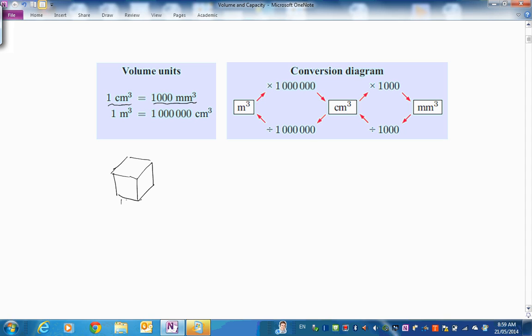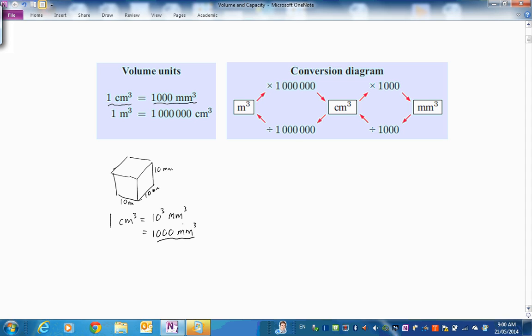Okay, but each centimetre is 10 millimetres, isn't it? 10 millimetres by 10 by 10. So 1 cubic centimetre actually contains 10 by 10 by 10 cubic millimetres, or 1,000. That's how you work it out, unless you just memorise it.